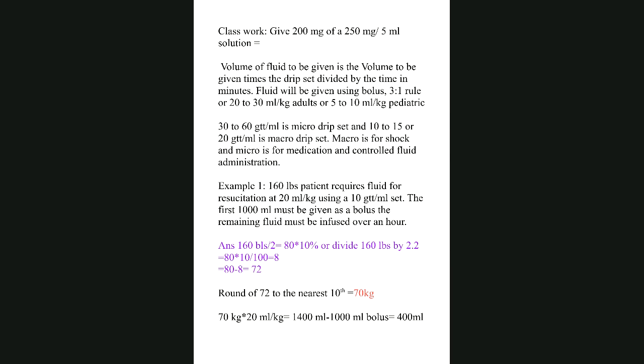So again, with the example, patient weighs 160 pounds, patient requires fluid resuscitation at 20 mils per kilogram using a 10 drop per mil set. You are required to give the first 1,000 mils as a bolus, right? And whatever remains, you will infuse over an hour, right? So you can approach the formula two ways.